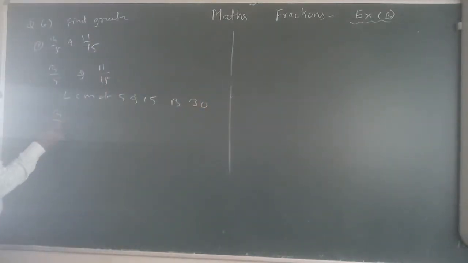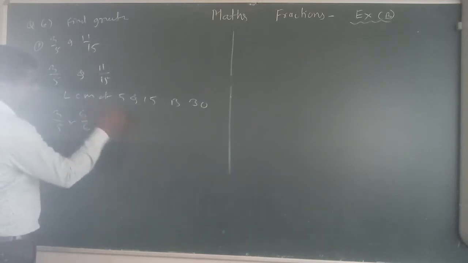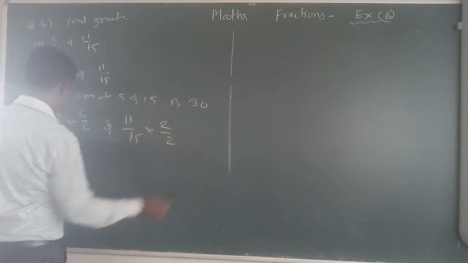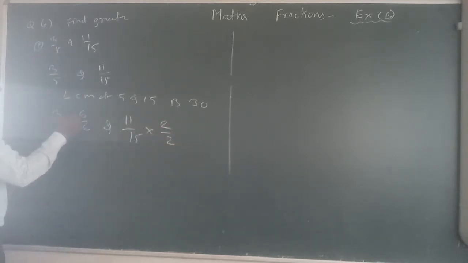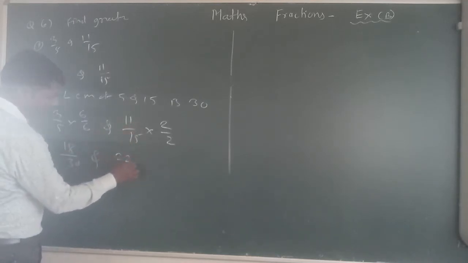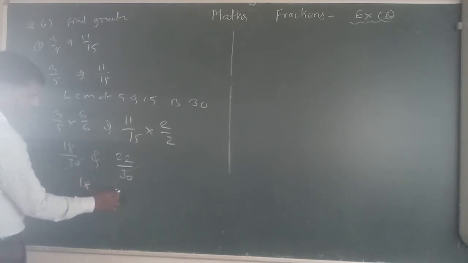The LCM is 30. So 3 upon 5 को किससे मल्टीप्लाई करेंगे? 6 upon 6, and 11 upon 15 को किससे मल्टीप्लाई करेंगे? 2 upon 2 से. So it will be 18 upon 30 and 22 upon 30. Now 30 can be cancelled, that means the denominators are equal. So what is remaining? 18 and 22.